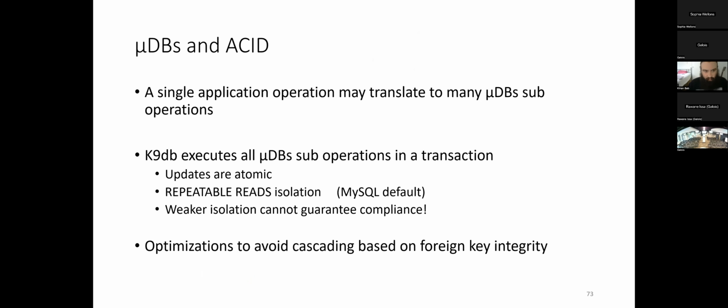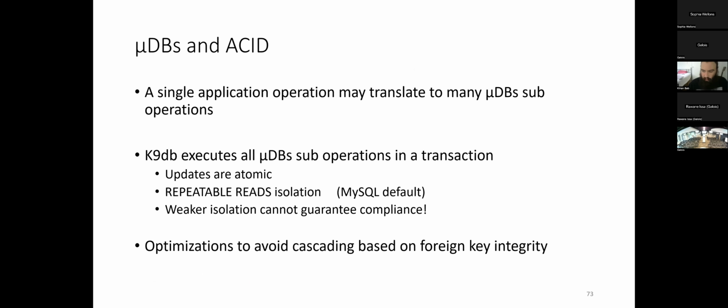Good. Now, the last detail here is that we just saw that even a single simple application operation, such as a point delete, ends up being translated to many sub-operations over different microdatabases behind the scenes. And K9db executes all these sub-operations inside a transaction, which ensures that all the updates are atomic.